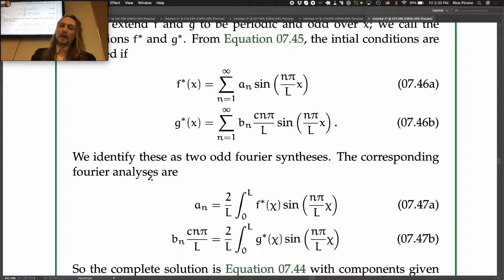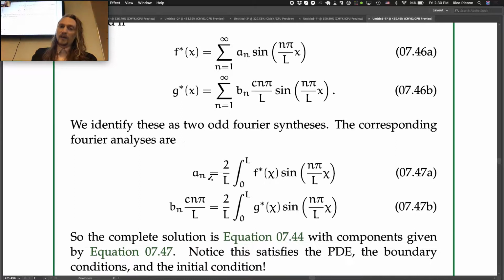The corresponding Fourier analyses are, first, the straightforward one. It's just that an is going to be the an formula from the Fourier sine series. You just have to integrate your f star to get each of these an values.